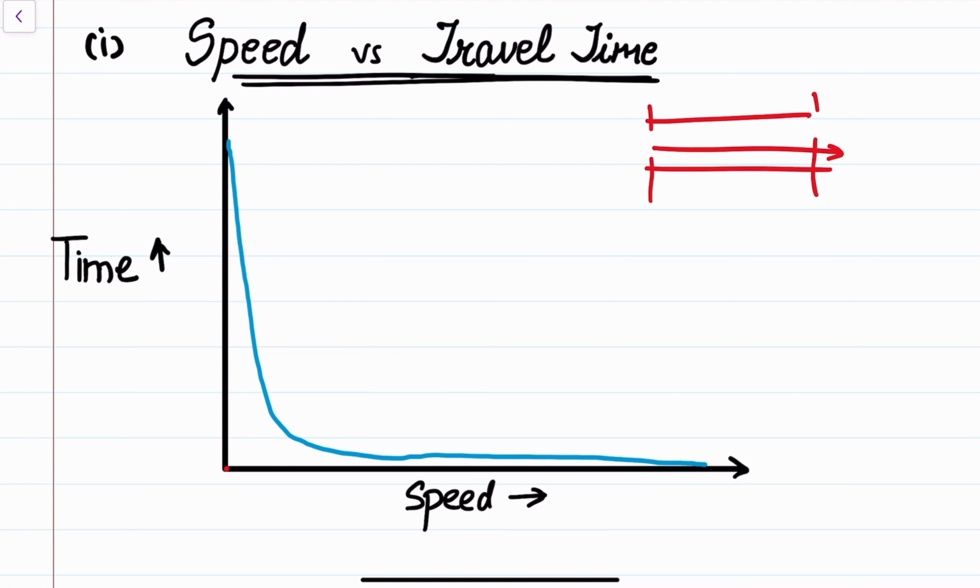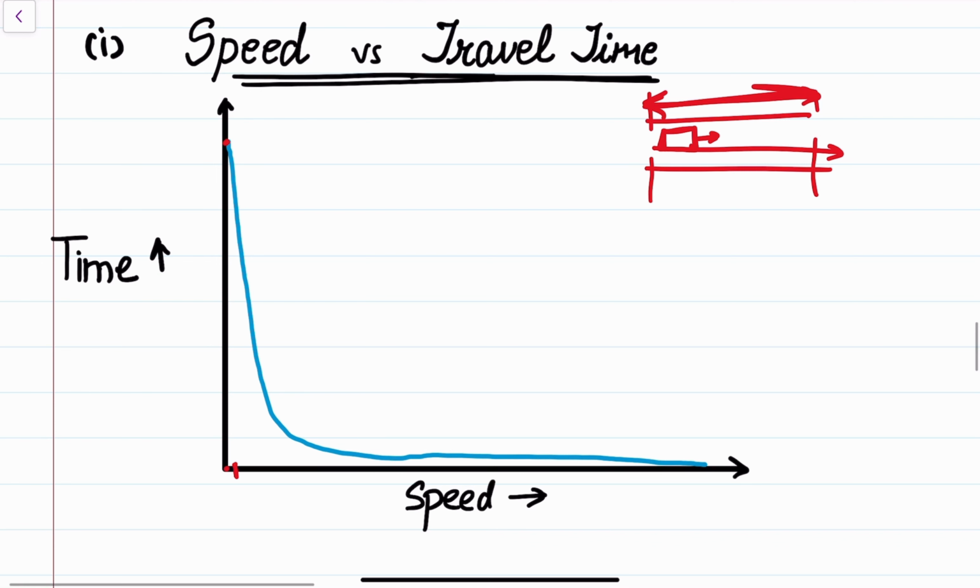Now, as the vehicles are introduced, we can observe that at a very low speed, the travel time to cross this section of the road is high.